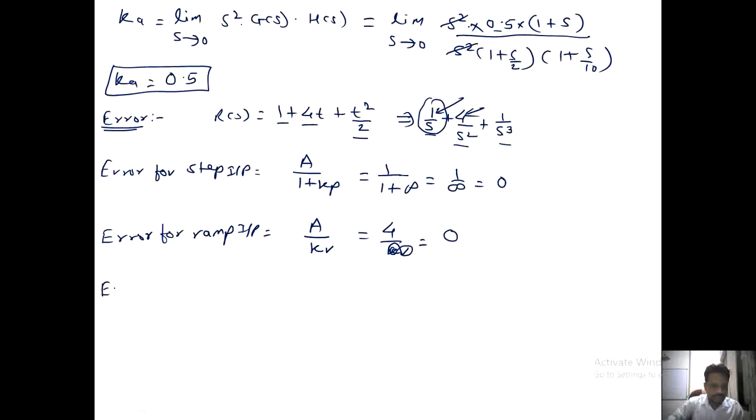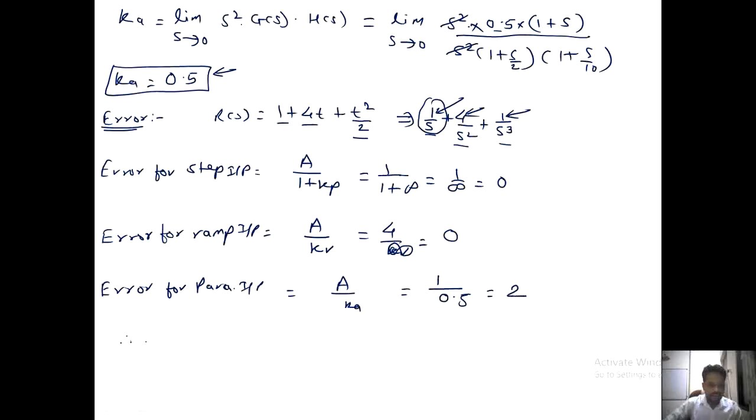Last one, the error for parabolic type input, and the equation is A by Ka. So 1 is the magnitude for the parabolic type of input as given, so 1 by Ka, and what is the value of Ka? It was just calculated as 0.5. So 1 by 0.5 will be 2.